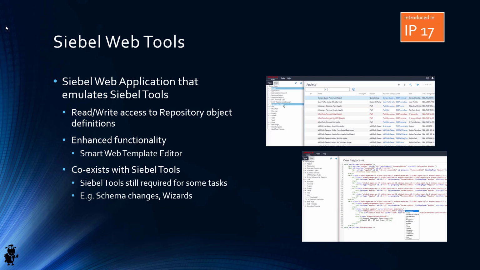So it's a time of change, and the current state is that you will need both Siebel tools and Siebel web tools to finish the work that is not only required during an upgrade project to fix broken things, but also after the upgrade to continue with the development.